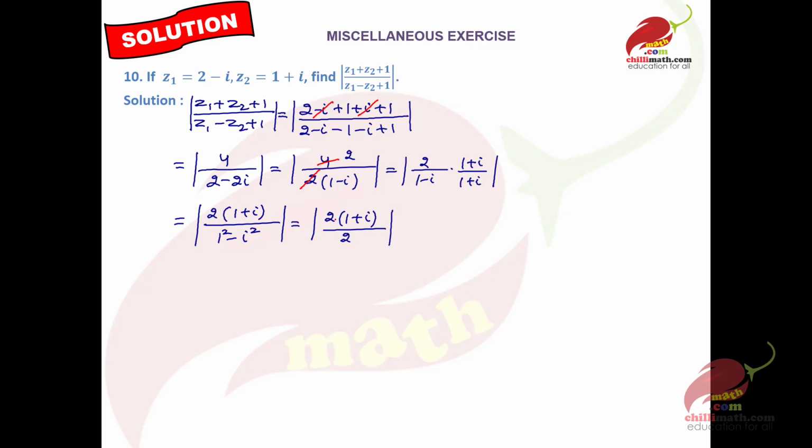We can cancel this 2 and we are left with the modulus of 1 plus iota. And the modulus of a complex number, we know, is equal to the square root of the square of the real part plus the square of the imaginary part, that is equal to root 2, which is your answer.